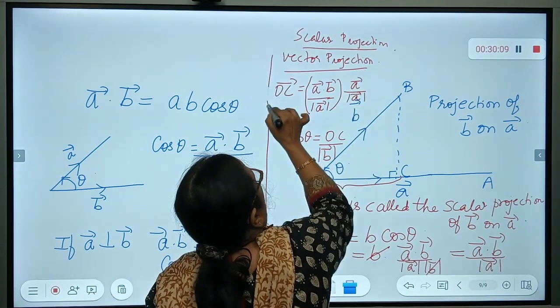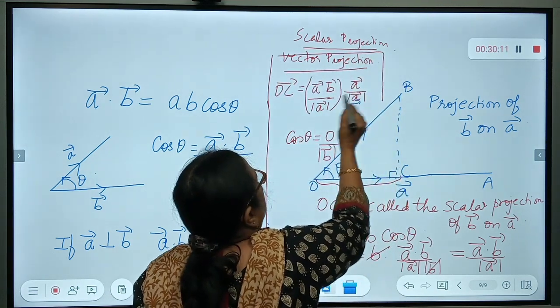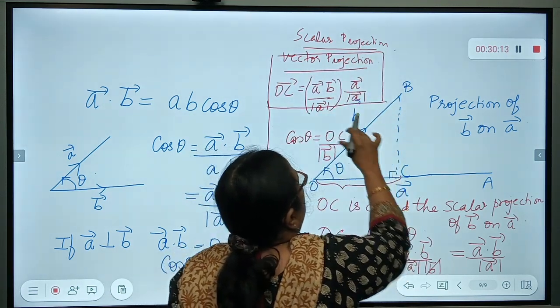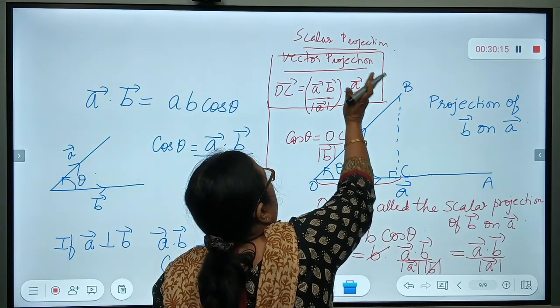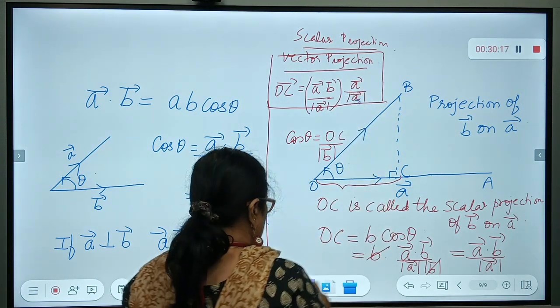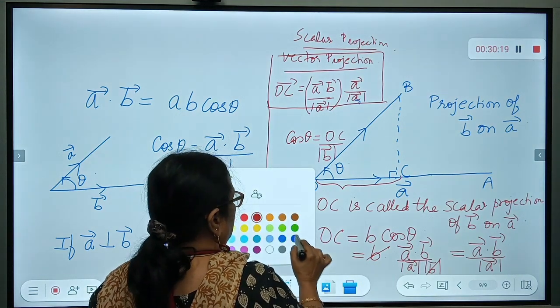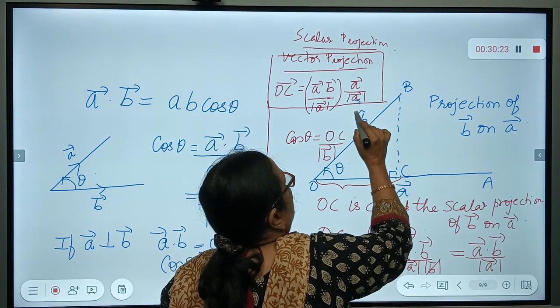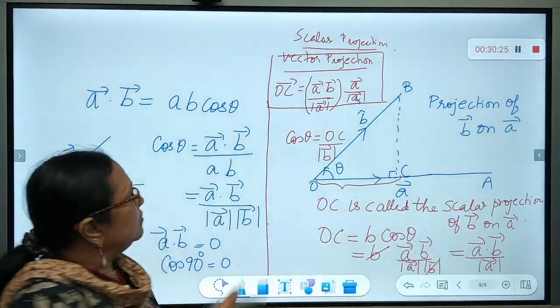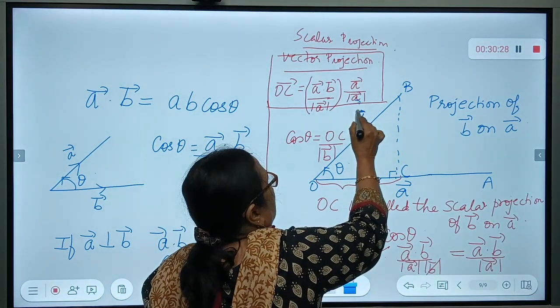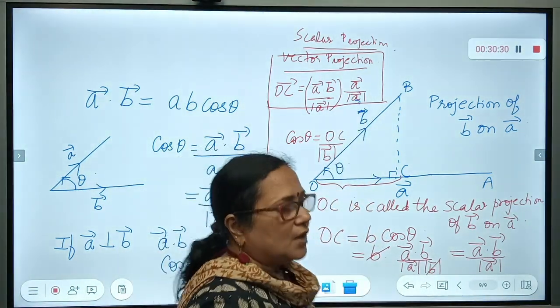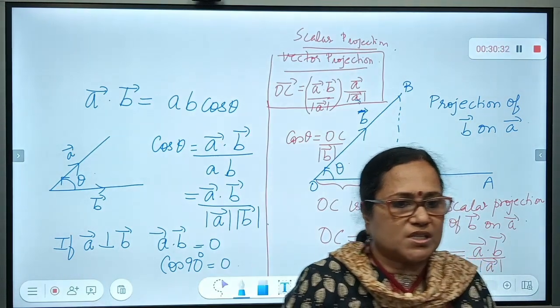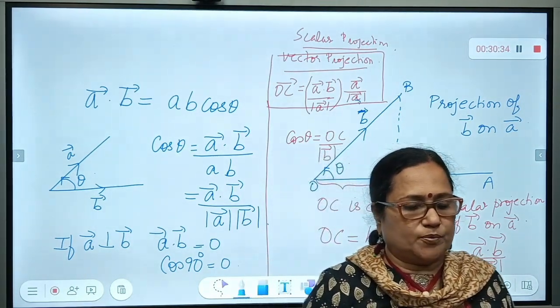So this is called the vector projection. I hope you understood what is scalar projection and what is vector projection.